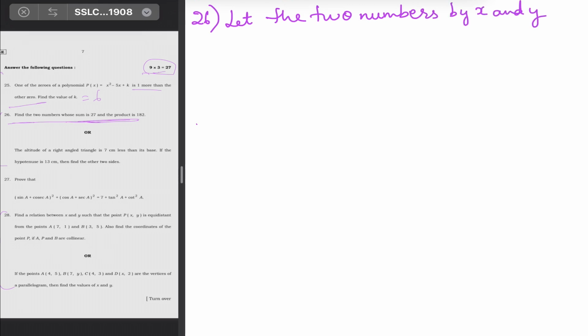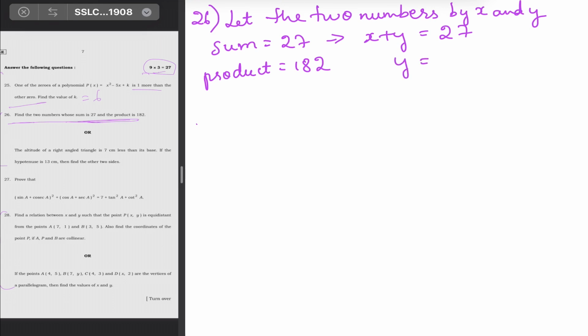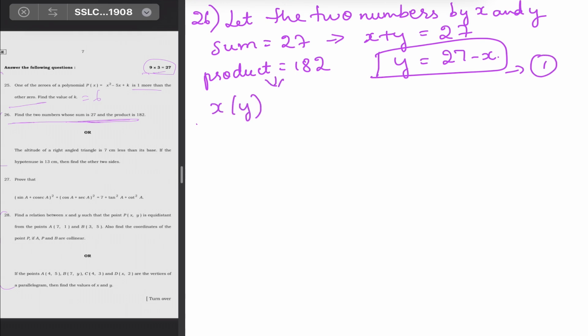Let the two numbers be x and y, given their sum is 27 and their product is 182. So x plus y is equal to 27, that is y is equal to 27 minus x. Let us consider this as equation 1. Product x into y is equal to 182.